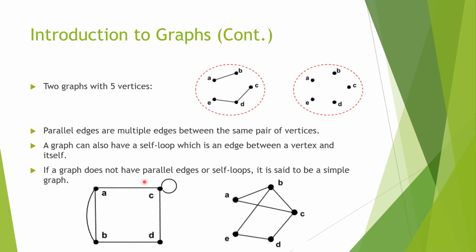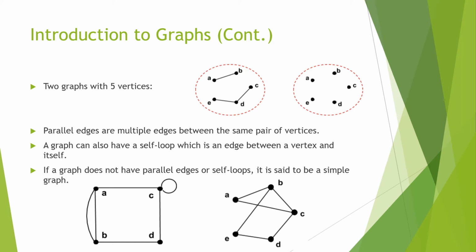So in this graph, as you see, there's a self loop from C to itself, and there are two parallel edges between A and B, because both of these two edges connect A to B, so they have the same set of endpoints. That's why they are called parallel edges.